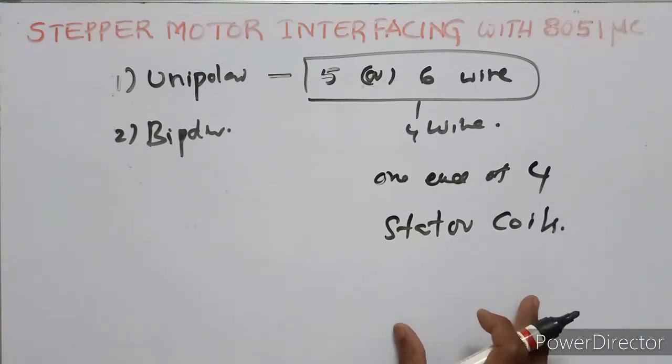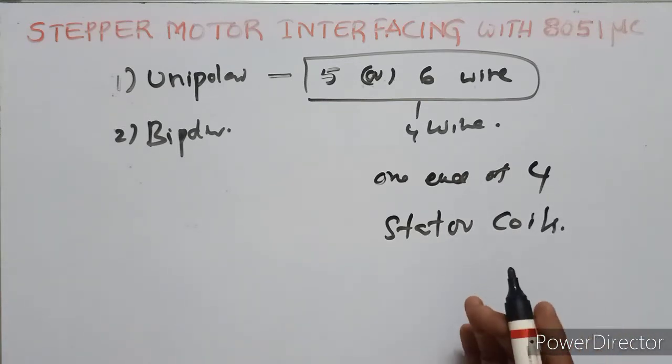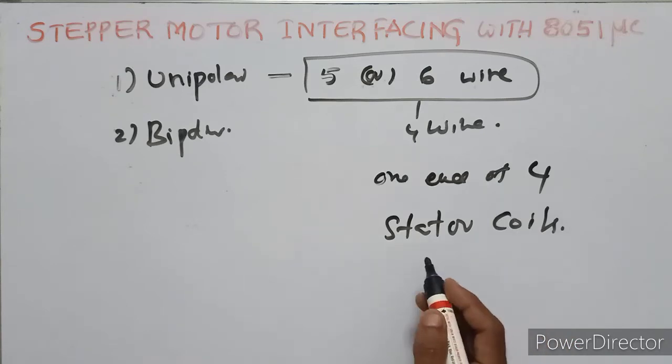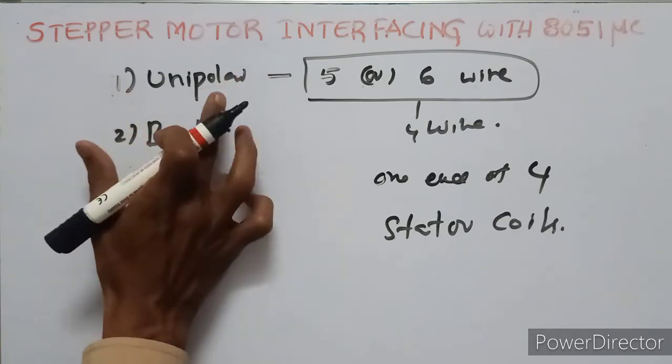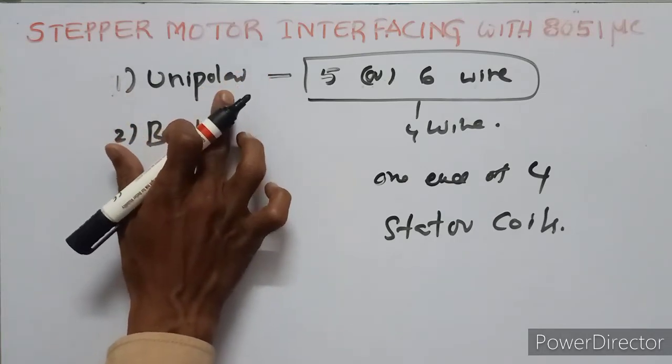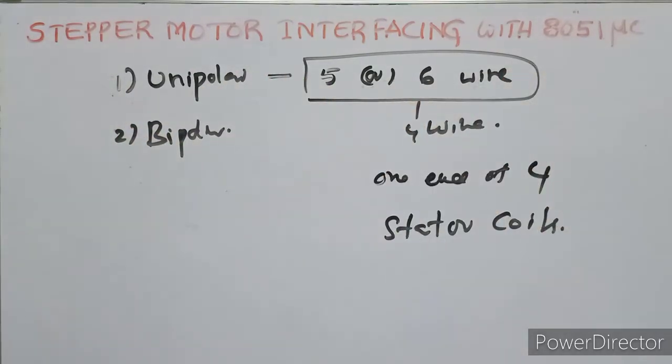The other end of all 4 coils is tied together, which represents the 5th wire.